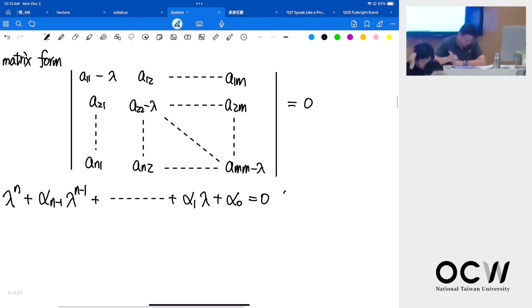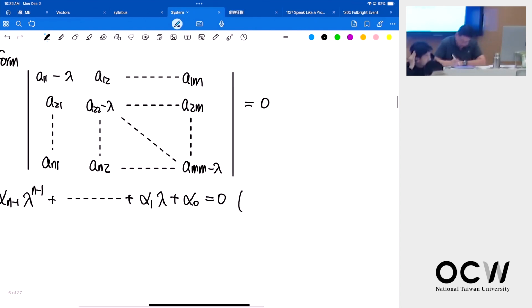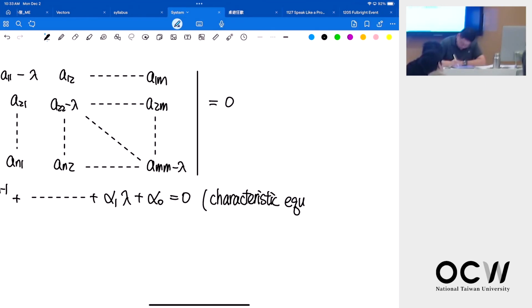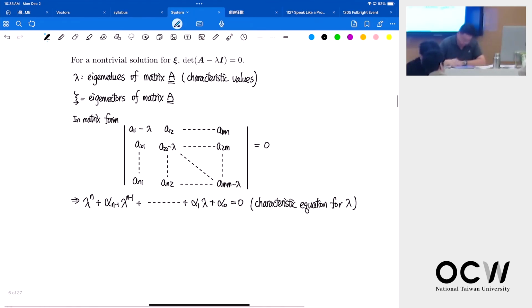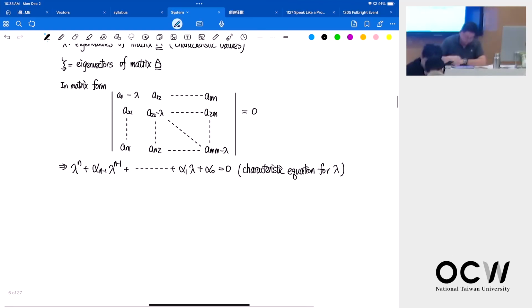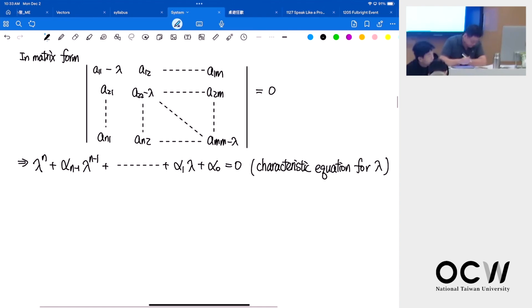This is called the characteristic equation for lambda. Since this is a polynomial of degree n, I expect n roots for lambda, like lambda 1, lambda 2, to lambda n.